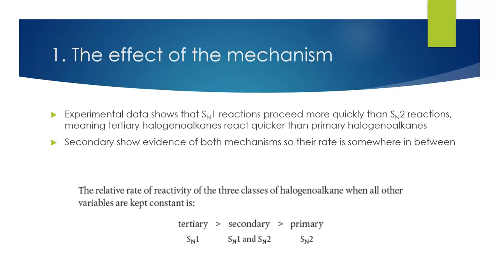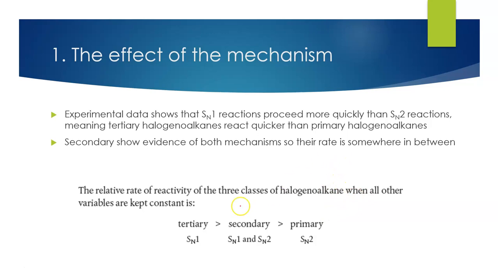The effect of the mechanism basically looks at whichever one is faster, SN1 or SN2. Experimental data has shown that SN1 reactions proceed more quickly than SN2. This means that tertiary halogenoalkanes will react faster than primary halogenoalkanes in a substitution reaction. Because secondary shows evidence of both mechanisms, their rate is somewhere in between.